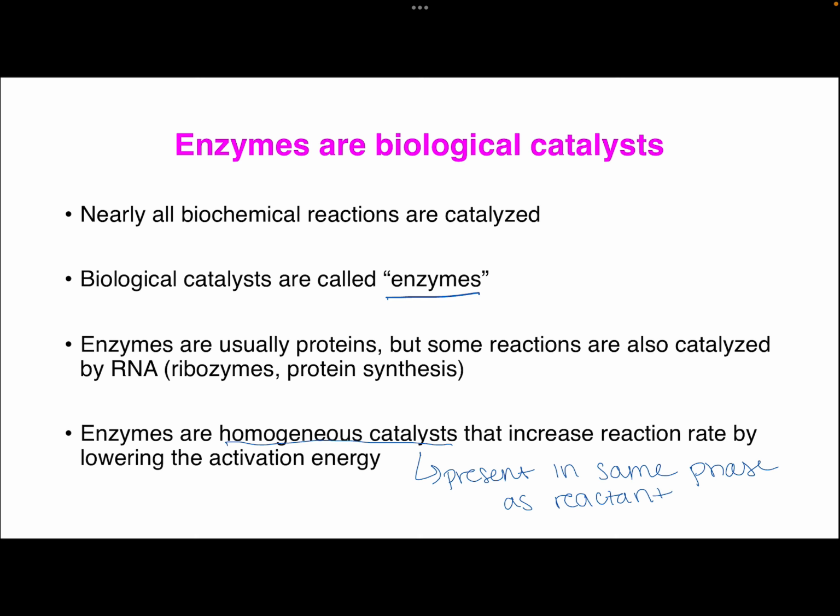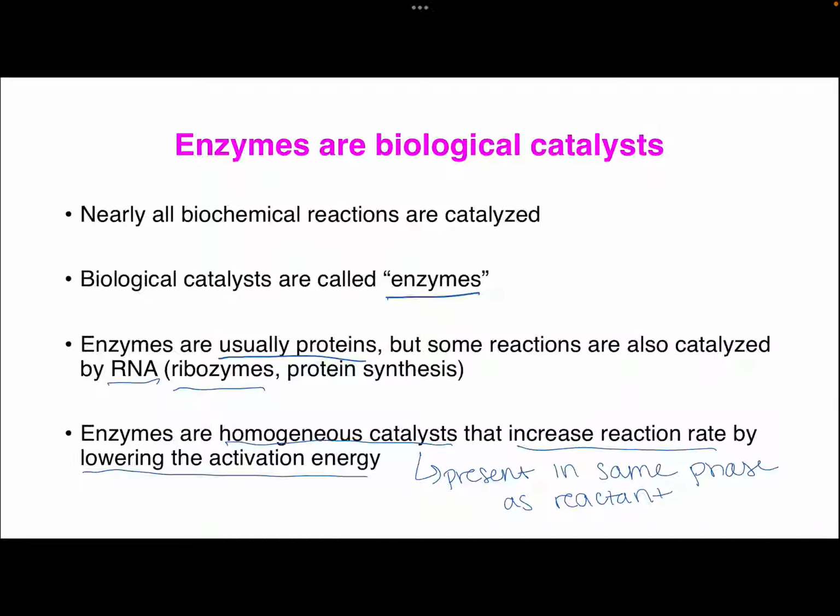And like all catalysts, the way that enzymes function is they increase the reaction rate by lowering the activation energy of that reaction. So what are enzymes? Enzymes are usually proteins, but they can also be RNA. So some RNAs can form what we call ribozymes, which are basically just RNA enzymes.